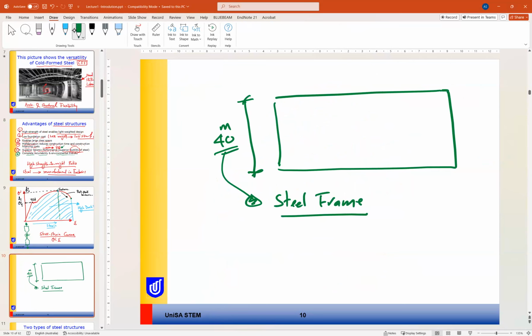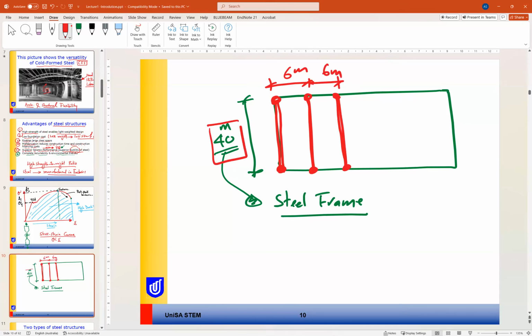So this will be the most appropriate or the most cost effective system. For example, you will have a frame each, whatever the distance is, for example, 6 meter or 5 meter and so on. This means that the steel provides us a clear span of up to 40 meter without the need of any internal column, for example, here.